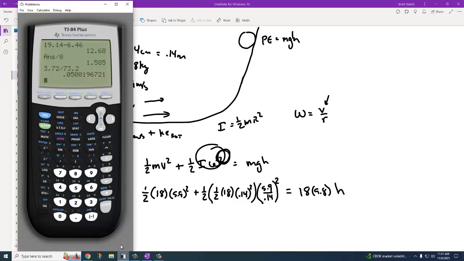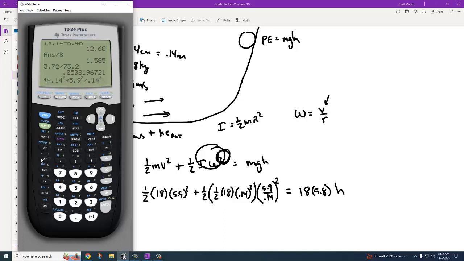Well, we start typing away. We've got 0.5 times 18 times 5.9 squared plus 0.5 times 0.5 times 18 times 0.14 squared times 5.9, I'm going to square these individually, squared, divided by 0.14 squared.